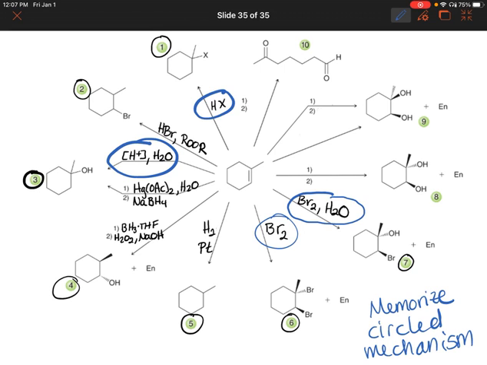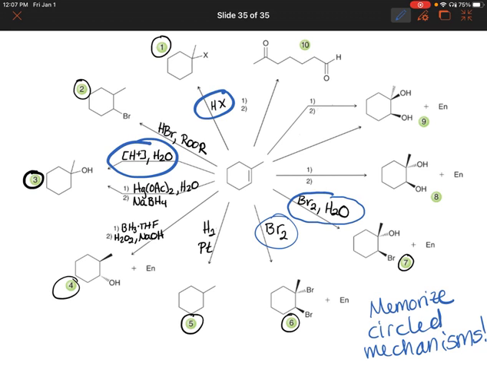So I want you to memorize the full arrow pushing mechanisms for those 4 particular reactions. And then you also need to memorize in general all of the reagents here that are needed for each reaction. So definitely make flashcards, kind of go through the examples we went through. That'll help a lot.